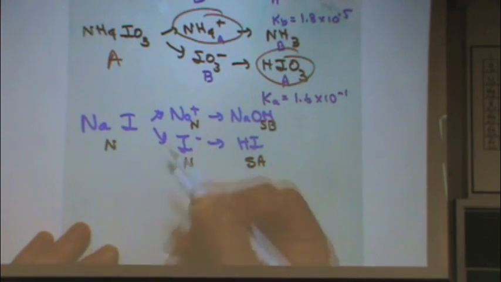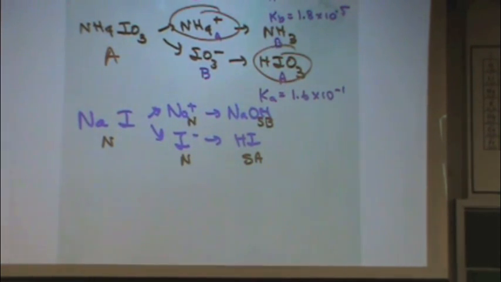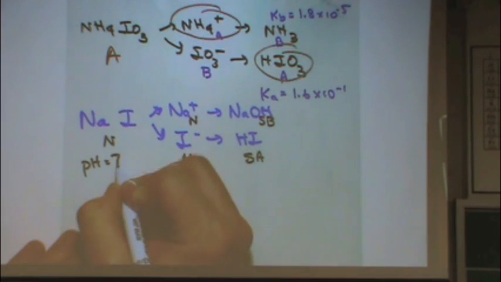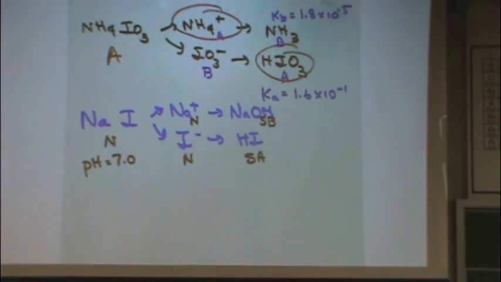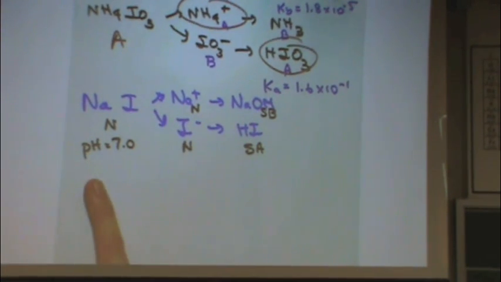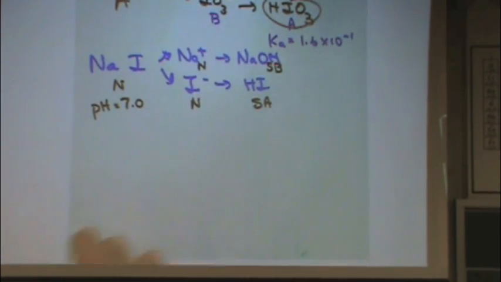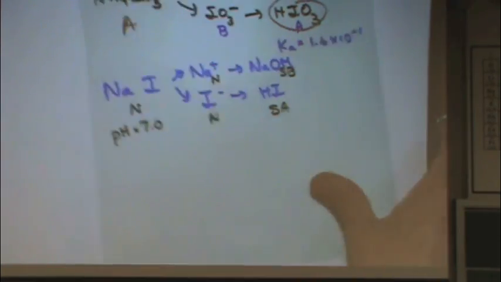So this is neutral. If I had you calculate the pH of this compound, what would you do? You would just write down the number 7 because it's neutral, and that's what neutral means, okay? So you shouldn't be doing any math if I ever ask you to calculate the pH of a neutral compound. You should just write down the number 7, okay? All right, let's stop there with that and move on to the next topic.